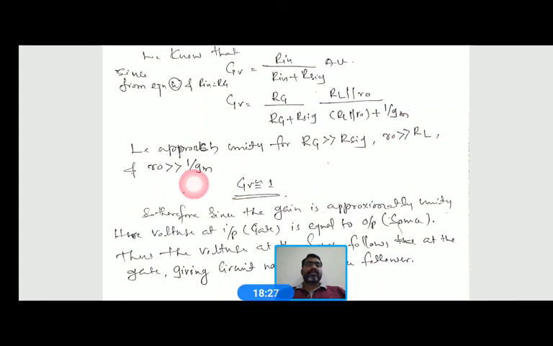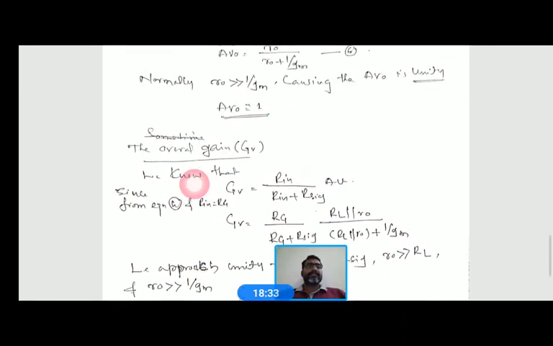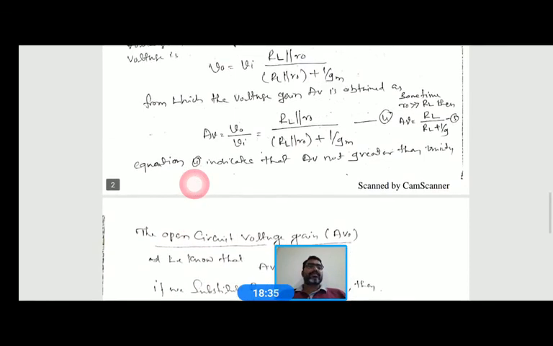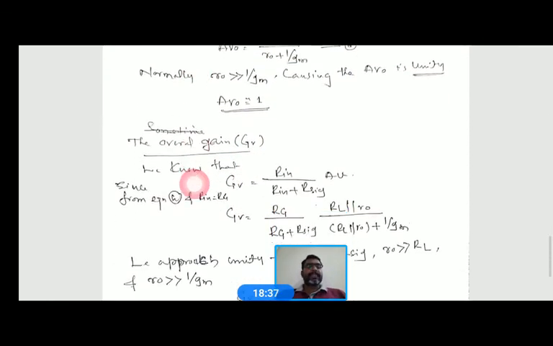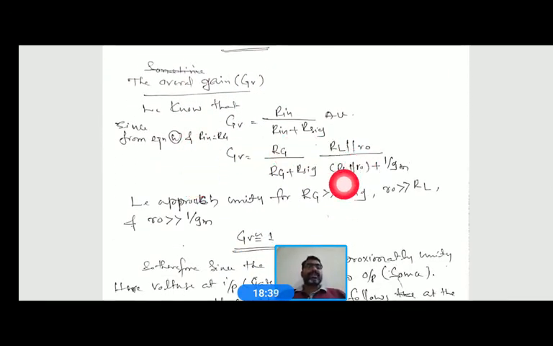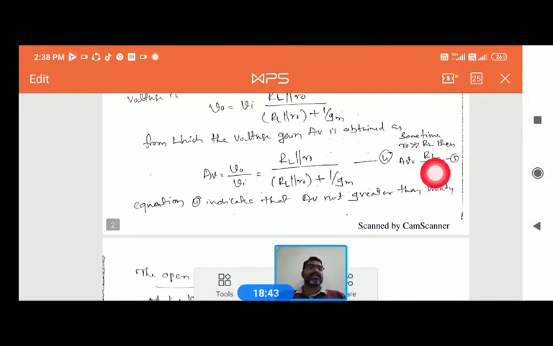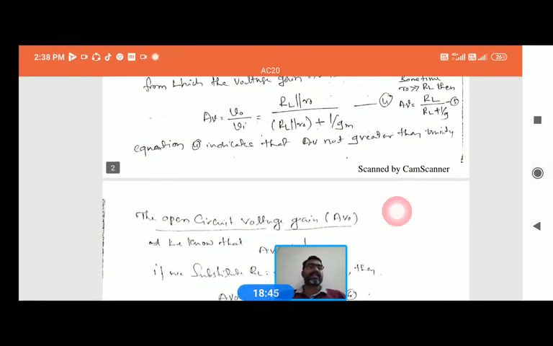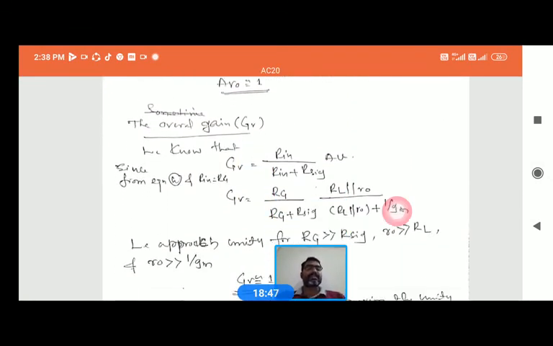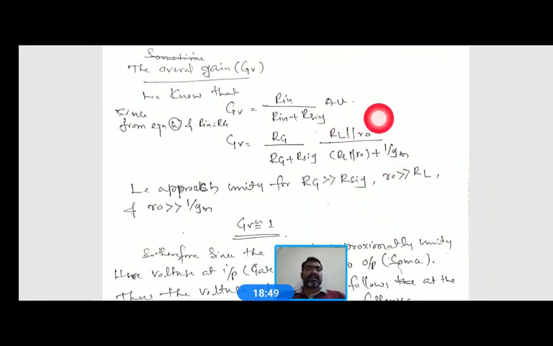So 1 by gm, you can see that in equation 5. If R naught is greater than RL, then RL divided by RL plus 1 by gm.